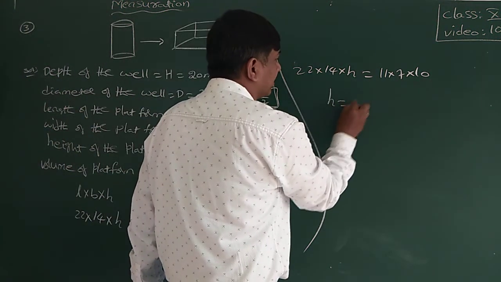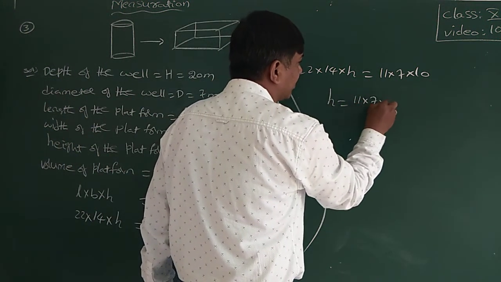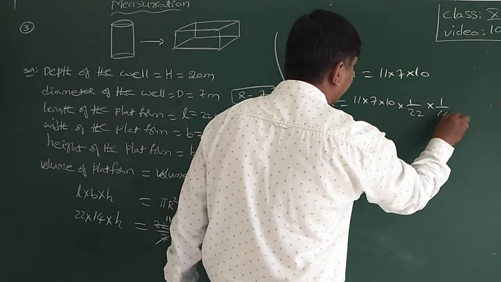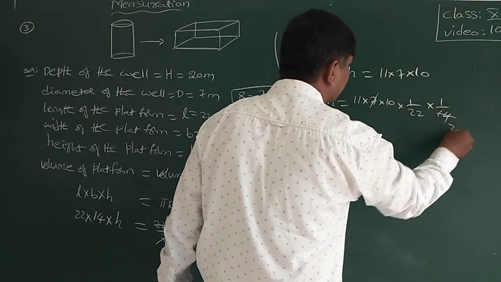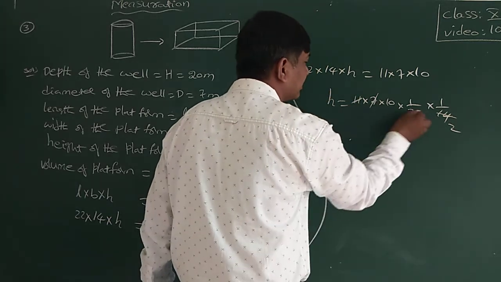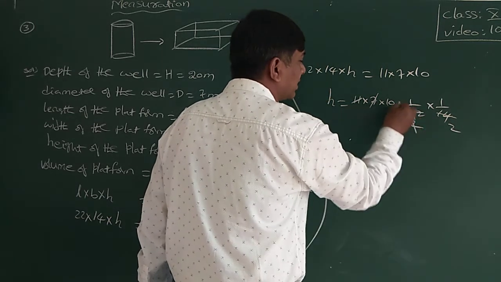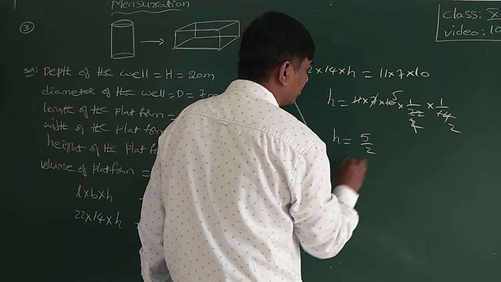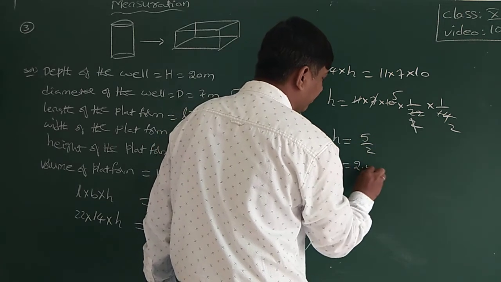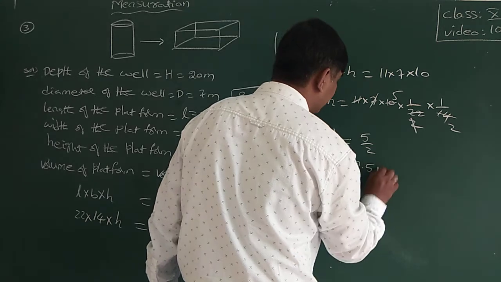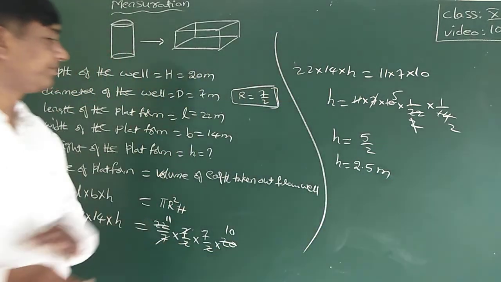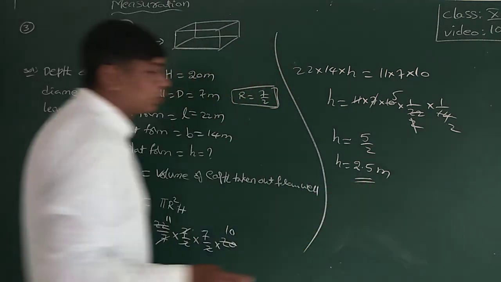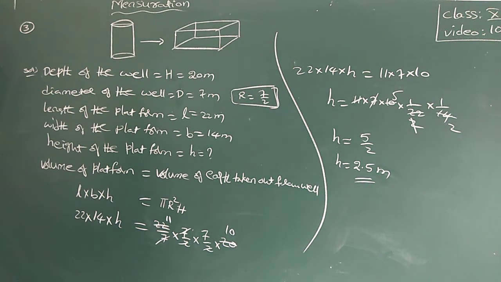H is equal to 11 into 7 into 10 into 1 by 22 into 1 by 14. 7 ones are 7, 7 twos are 14, 11 ones are 11, 11 twos are 22, 2 ones are 2, 2 fives are 10. H is equal to 5 by 2. H is equal to 2.5, because everything is in meters only. Height of the platform is equal to 2.5 meters.